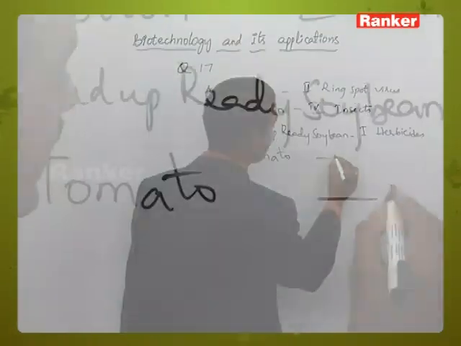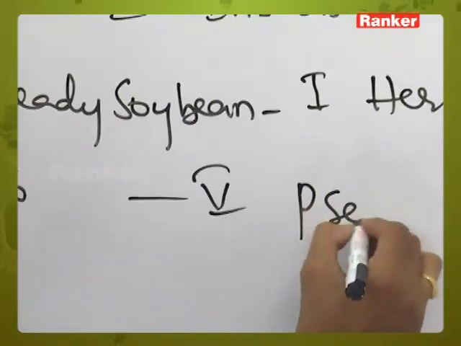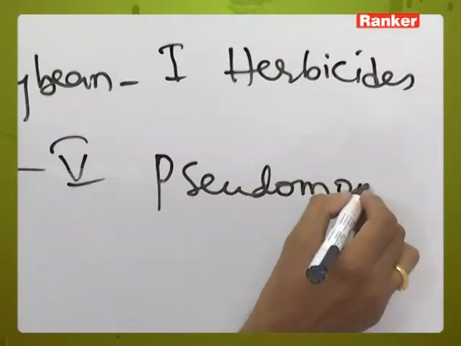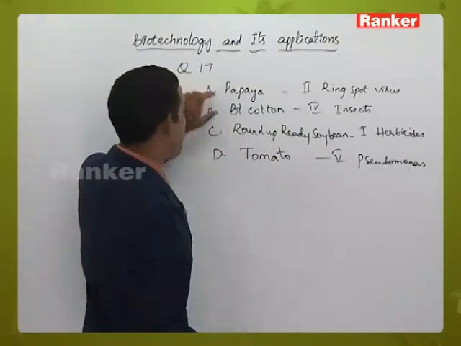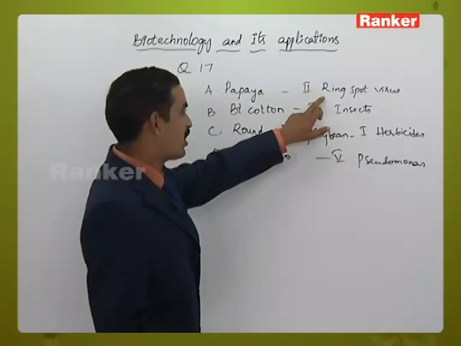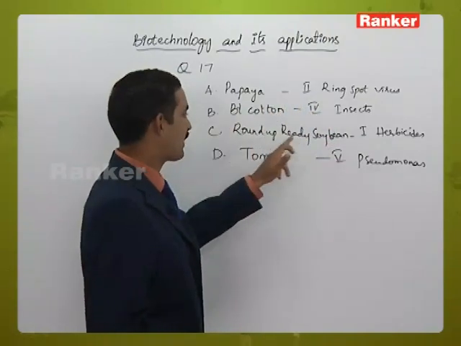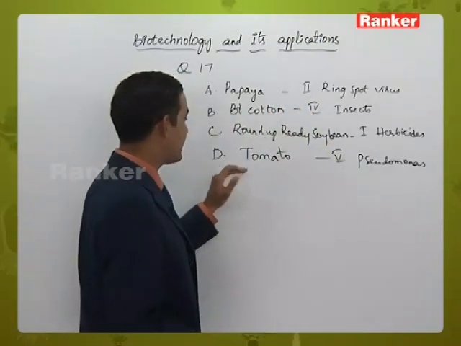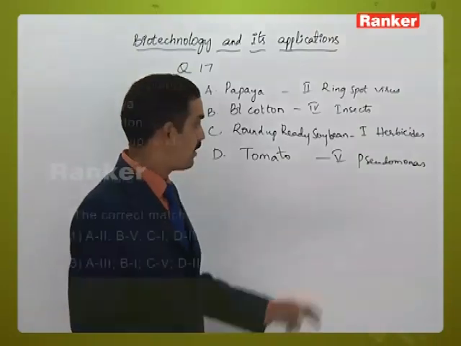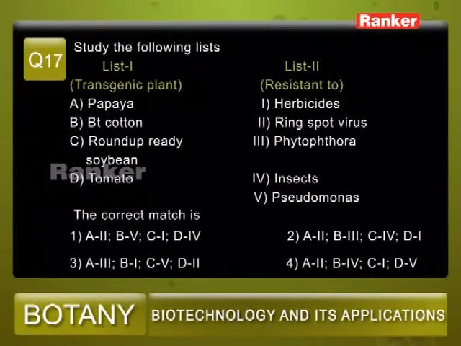It is Pseudomonas, that is Roman number 5. So the correct sequence is A, papaya, ring spot virus 2; B, Bt cotton, 4 insects; C, Roundup Ready soybean, 1 herbicides; D, tomato, 5 Pseudomonas. So the correct sequence is 2, 4, 1 and 5. Question number 17, the correct answer is 4.